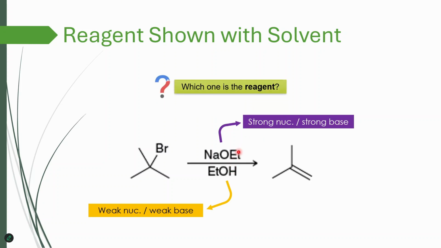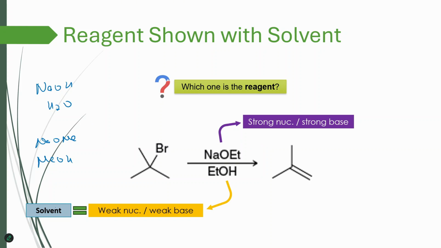But the answer here is that this ethanol is actually not considered the reagent. It's a solvent. It provides a medium for the reaction to occur. So it applies to other cases like sodium OH in water. You will see a lot of cases like sodium OH with water, or sodium methoxide in methanol, or ethoxide in ethanol.